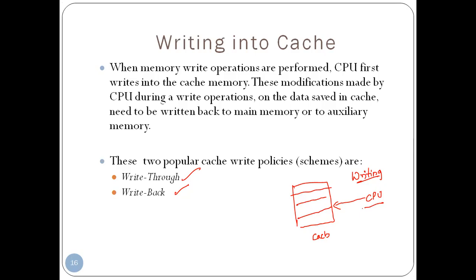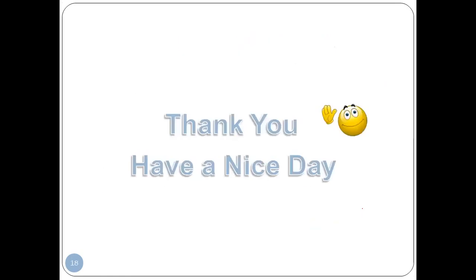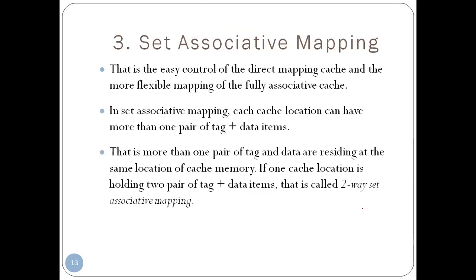When it comes to write back, first the cache is updated. That updated line is marked with a flag, and if you want to remove that particular line, only then is it updated in the main memory. This is how the policies of writing into cache are done.